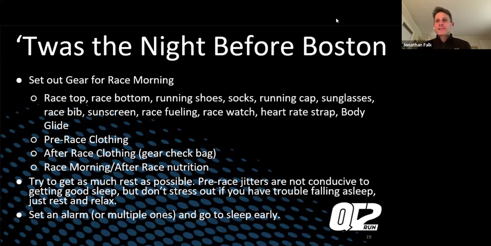Again, focus on rest. Pre-race jitters are not conducive to getting good sleep, but don't stress out about it. I always tell people it's really the night, two nights before that you want to focus on getting good sleep, because sometimes, and it's happened to all of us, not even just for running, our nerves keep us up and our mind is whirling, we can't fall asleep.